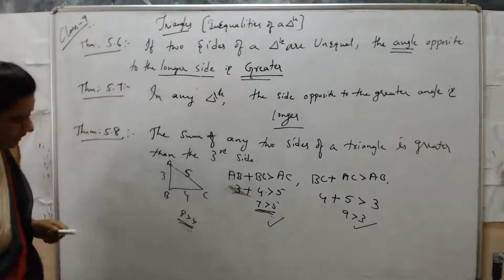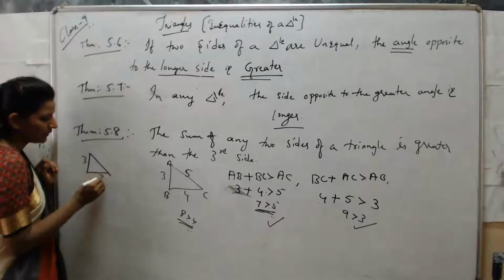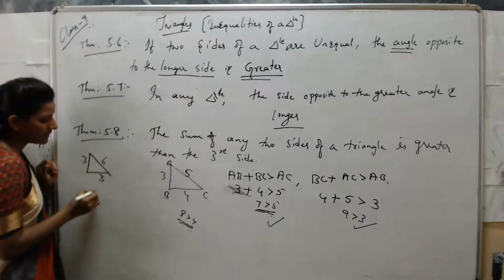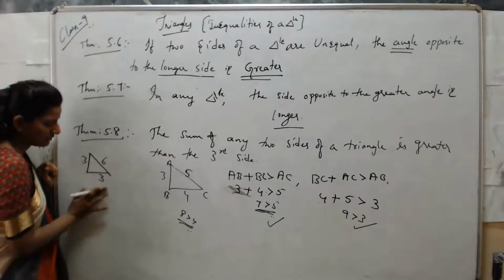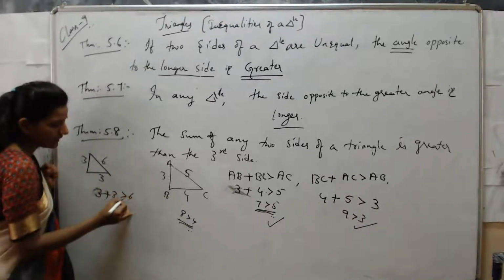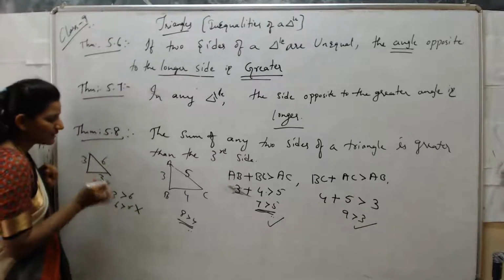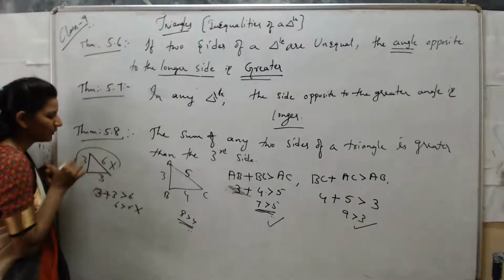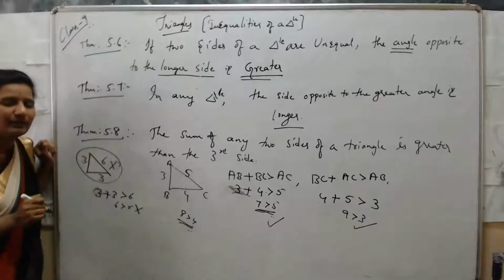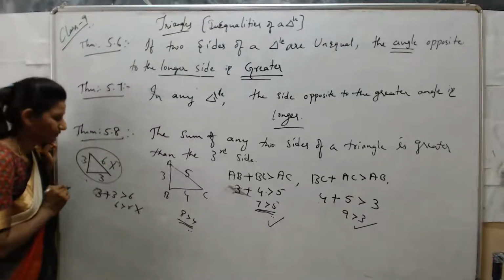I am taking a triangle with sides 3, 3 and 6. 3 plus 3 is 6, which is not greater than 6. So this doesn't form a triangle. Got this?